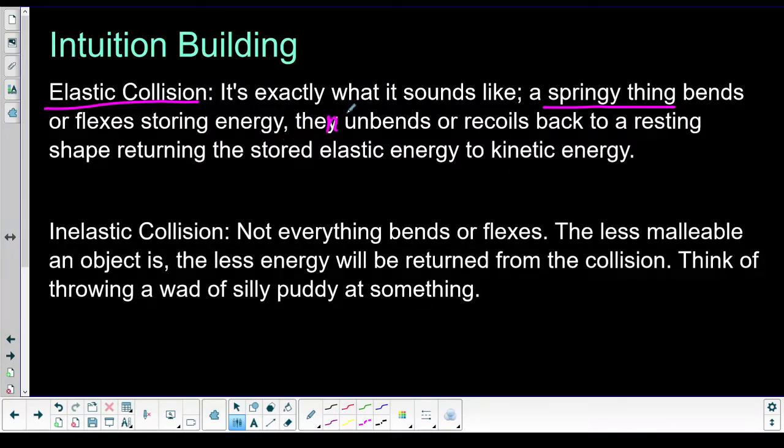This should say then unbends and recoils back to a resting shape, returning that stored elastic energy back into kinetic energy. So if something bouncy or flexible runs into something, bends, and then bounces off, we're probably looking at an elastic collision.